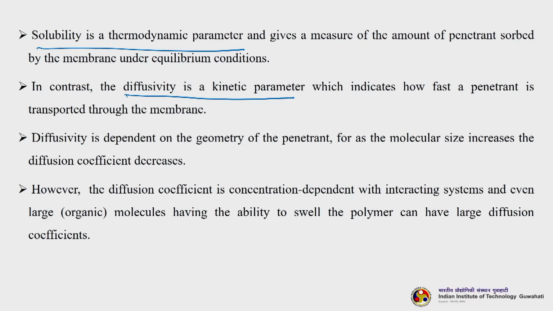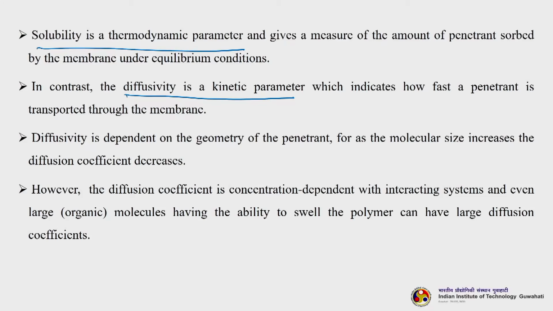Diffusivity is dependent on the geometry of the penetrant, for as the molecular size increases, the diffusion coefficient decreases. However, the diffusion coefficient is concentration dependent with interacting systems, and even large organic molecules, especially those having the ability to swell the polymer, can have a large diffusion coefficient.